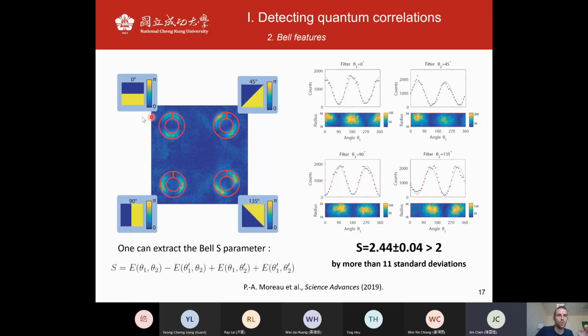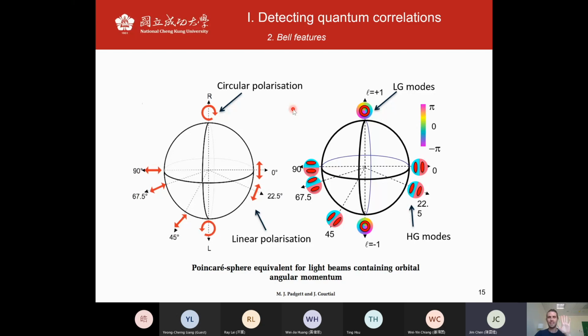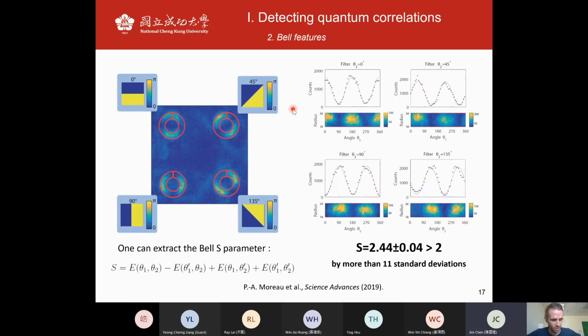Yeah, the outcome says that they are either on this part of the image or on this part of the image. If you get one photon, it will either come here or here, depending on its state in this OAM space and not on its polarization. I'm continuing the analogy too far, but yeah.